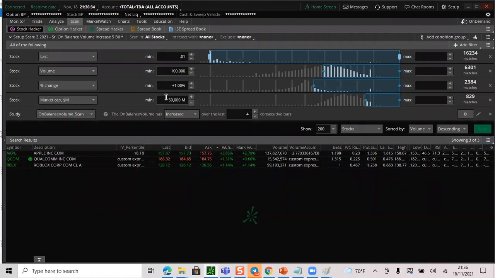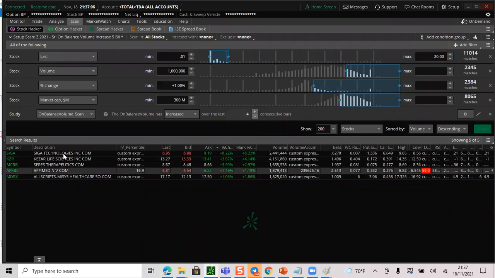If you're a penny stock trader, what I would do is keep it to anything around 300 million market cap and volume at least 1 million today, and I'll just keep the price to something like $20. And on-balance volume keeps rising from the last, let's try 4 days. Let's see what stock is coming up.